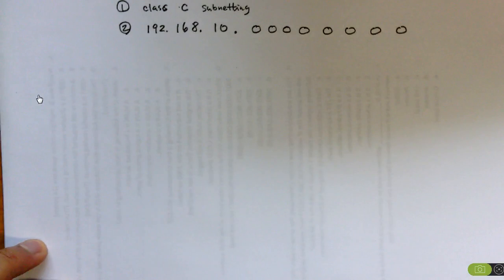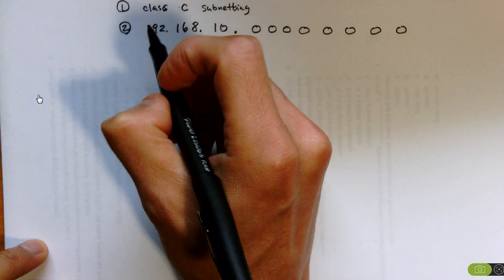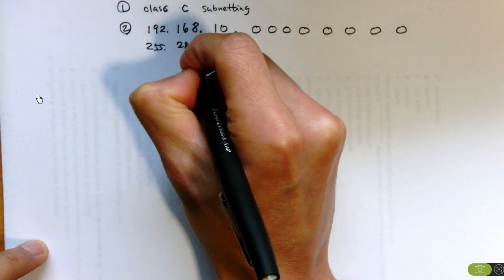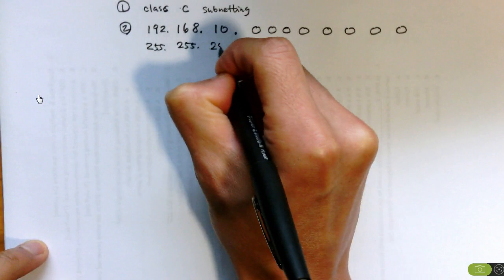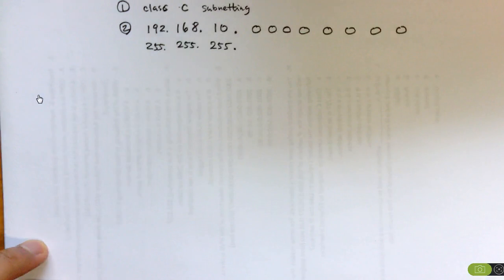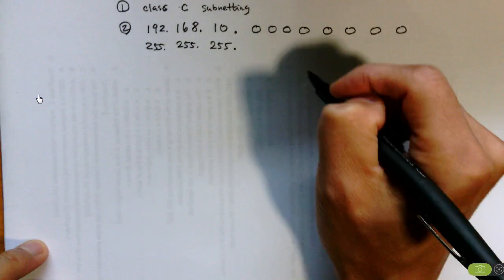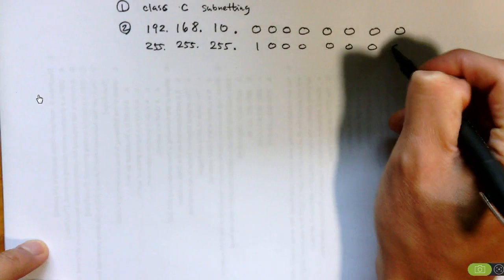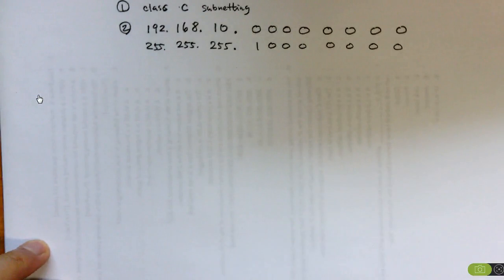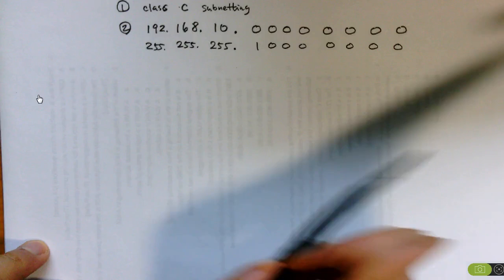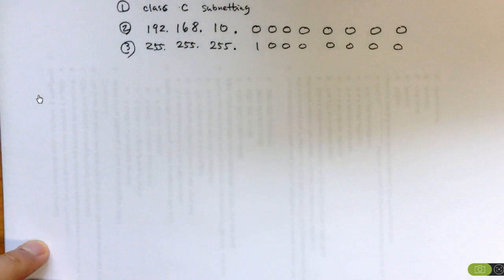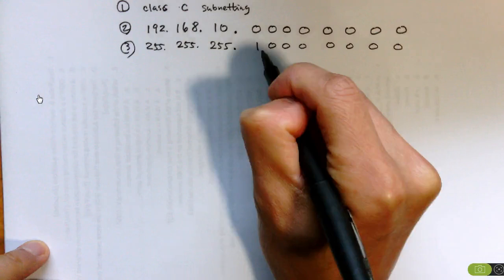The subnet mask is 255.255.255.128. If you convert 128 to binary, it's 10000000, so this is the subnet mask given, and this is a 1 here.